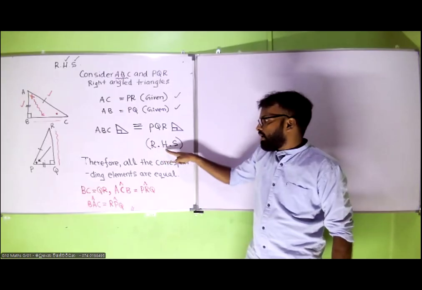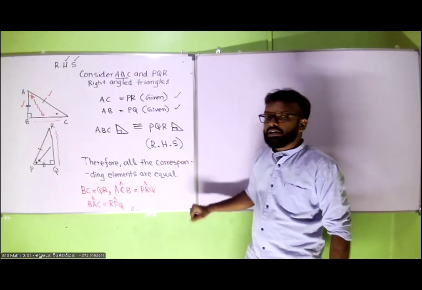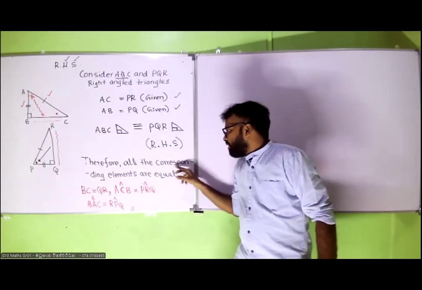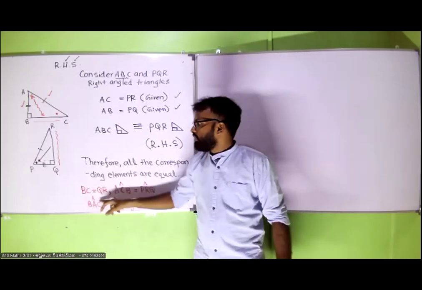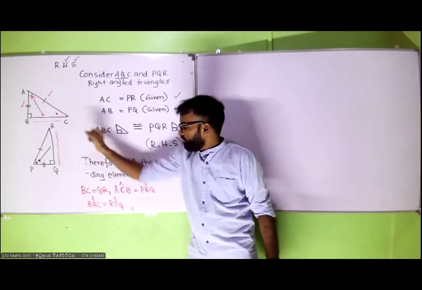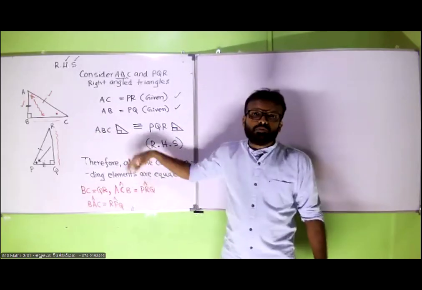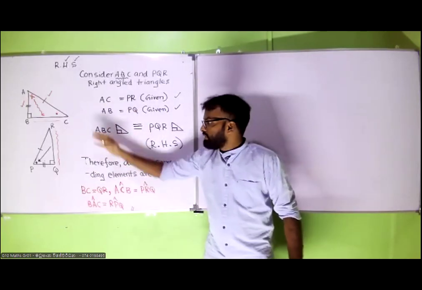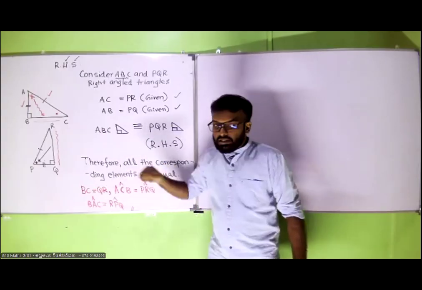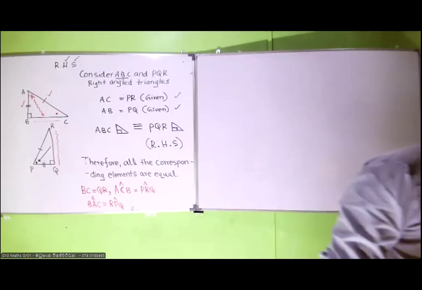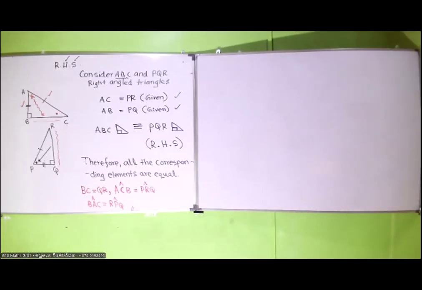Right angle, hypotenuse, side. Therefore, all the corresponding elements are equal: BC equals QR, ACB angle equals PRQ angle, BAC angle equals RPQ angle. Please write this. We are going to do some examples.